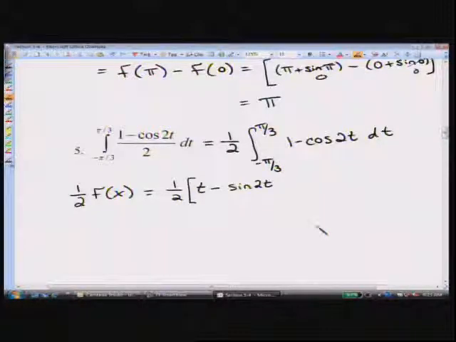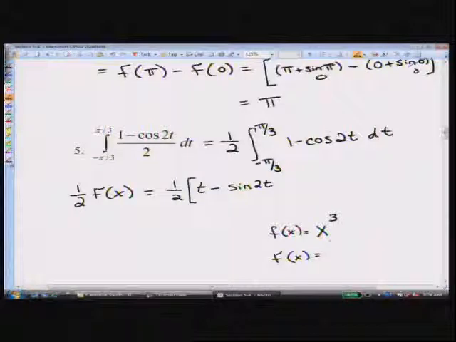If you know that the function is x to the 3rd, then what is the antiderivative of that? What function has x to the 3rd as its derivative? 1/2 x squared? Wouldn't it be 1/4 x to the 4th?